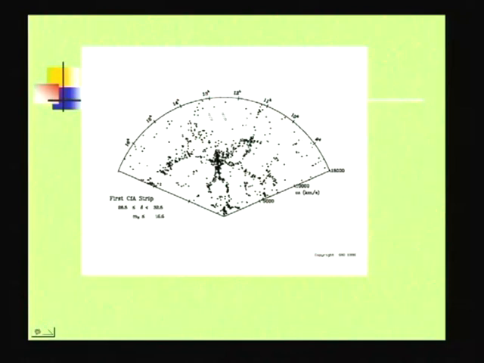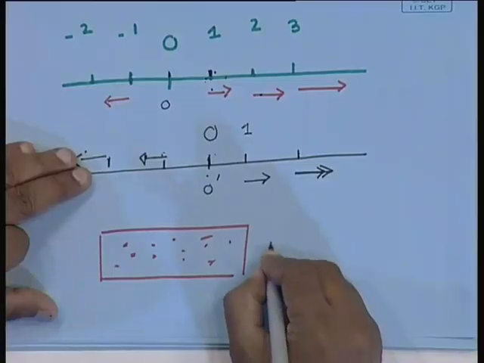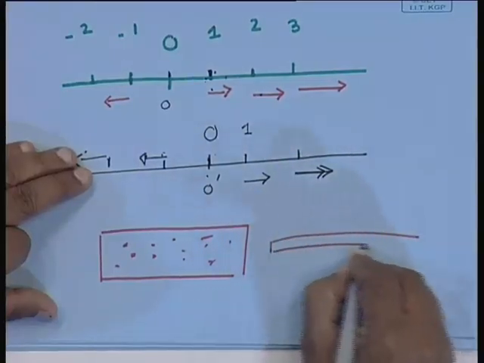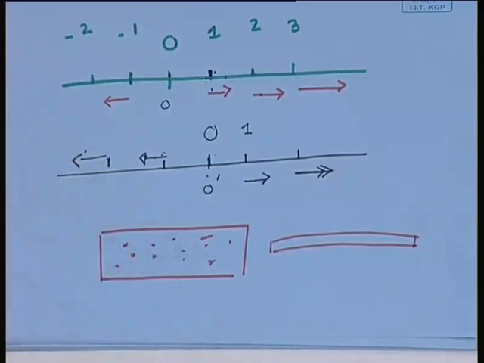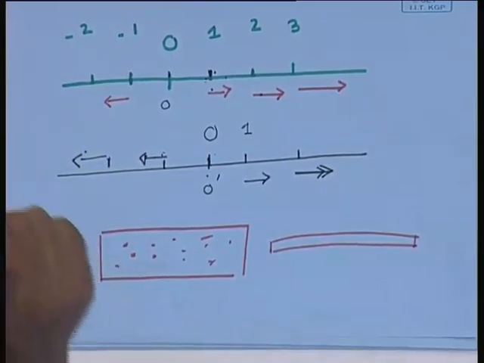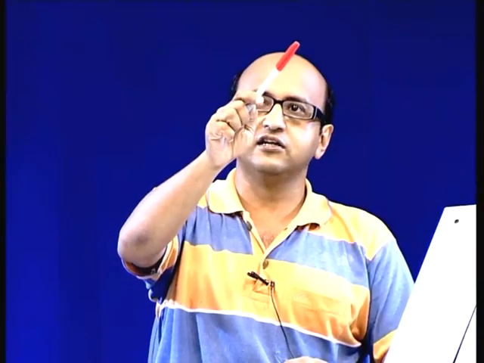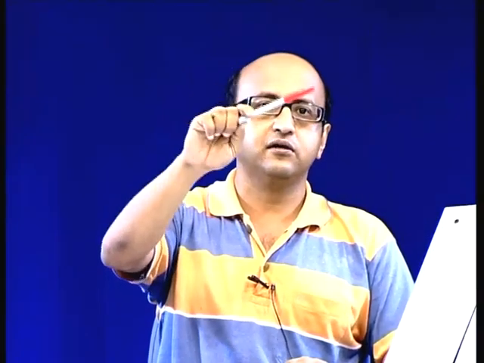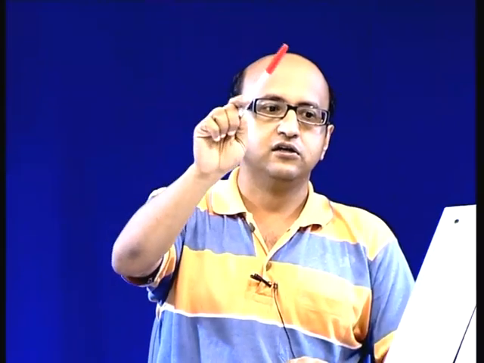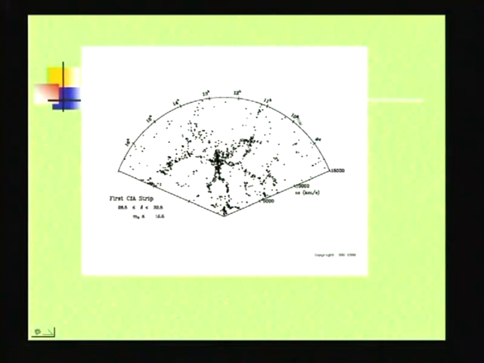One of the early redshift surveys done in the 80s covered a narrow strip like this on the sky. What you do is you take a telescope and point it in a certain direction, and then as the earth rotates it will scan a certain part of the sky. So, this kind of a survey was done.